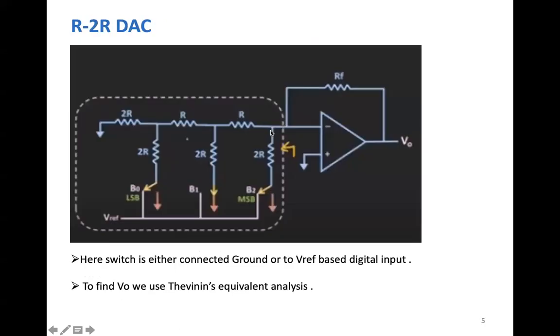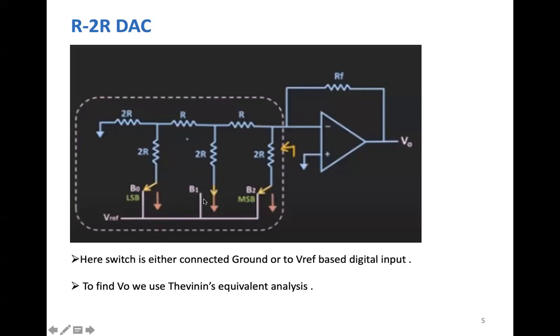Okay, moving on to the R2R ladder. The reason we call it R2R is because it has R and 2R values of resistors, so both values are there. Here, we will be giving the inputs via these resistors: B0, B1, B2. This is my LSB, and this is my MSB.